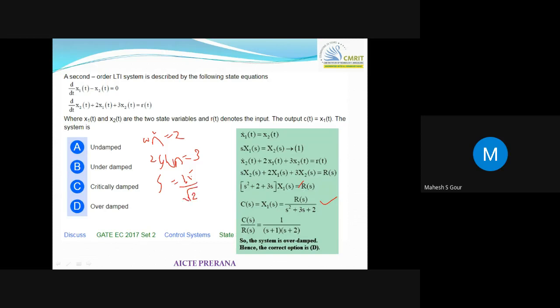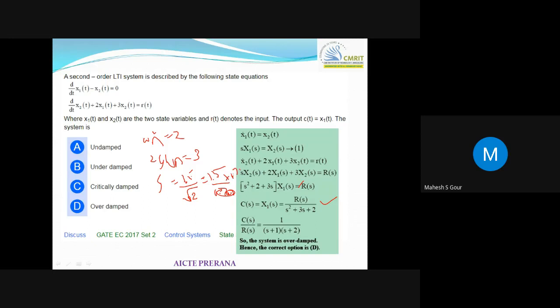So what is 1.5 divided by root 2? What is the value of root 2? It is 1.414, so I need to multiply here. 1 by root 2 is 0.707.